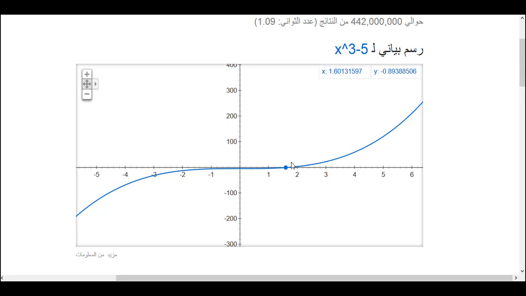For example, assume the root lies between 1 and 2, say approximately 1.7.